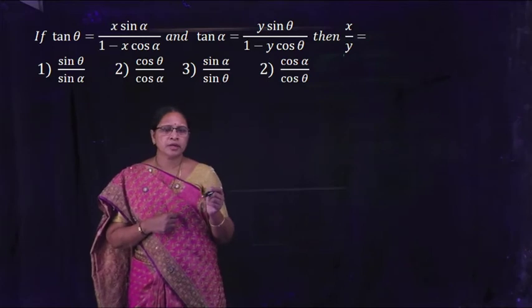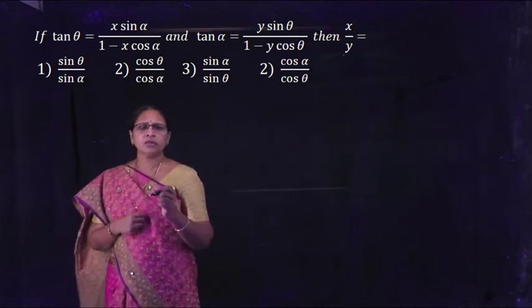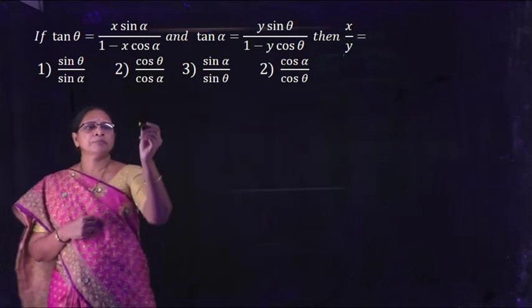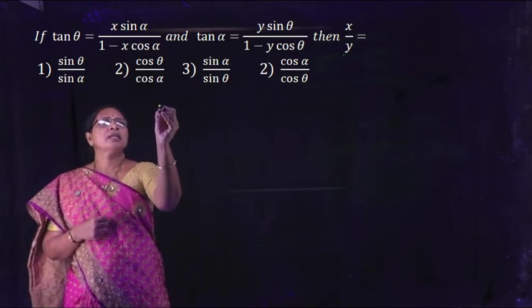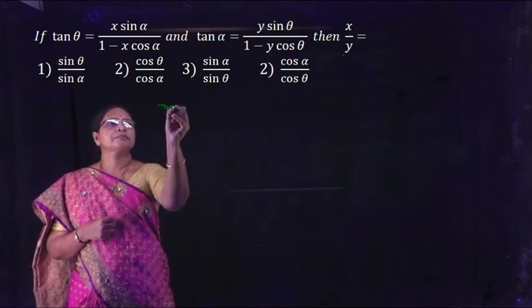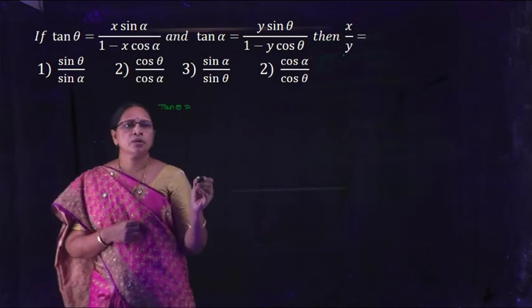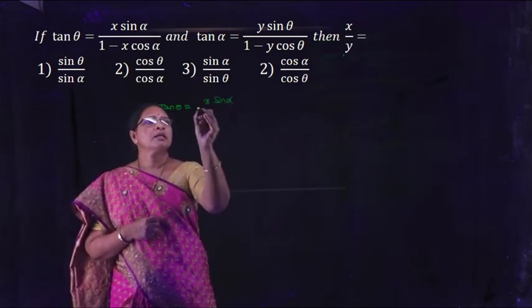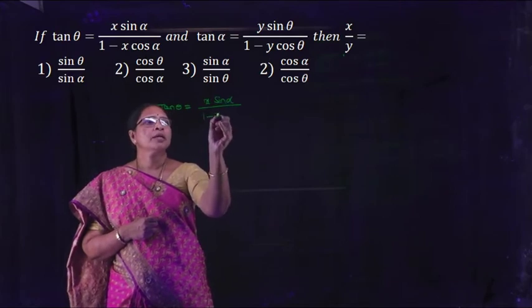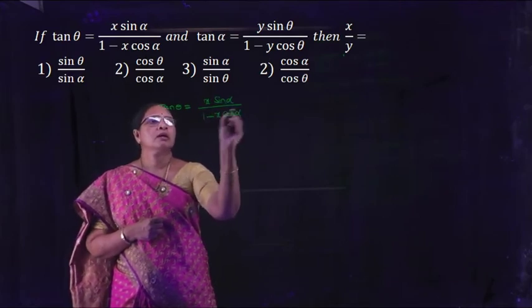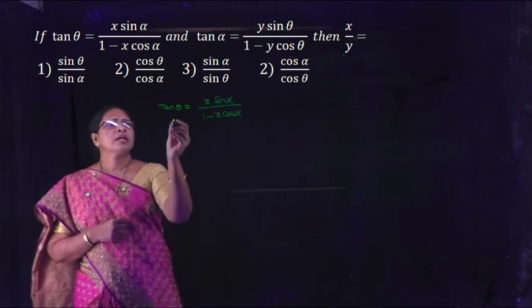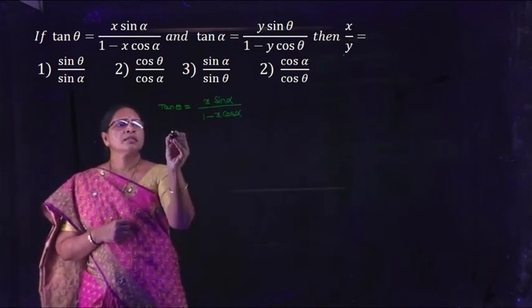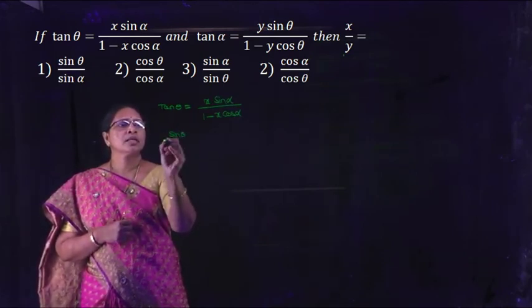According to the given problem, tan theta is equal to x sin alpha by 1 minus x cos alpha. Here we can write tan theta as sin theta by cos theta.